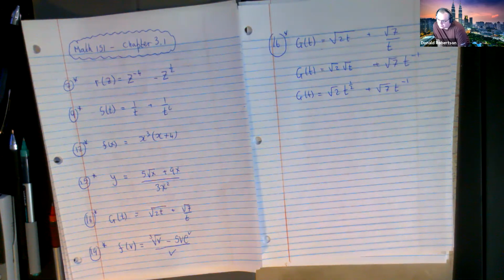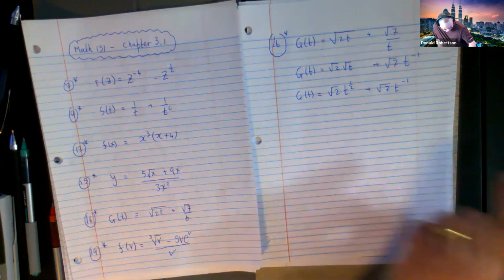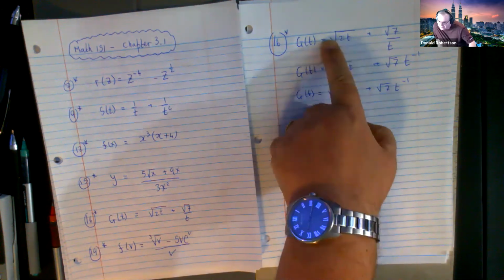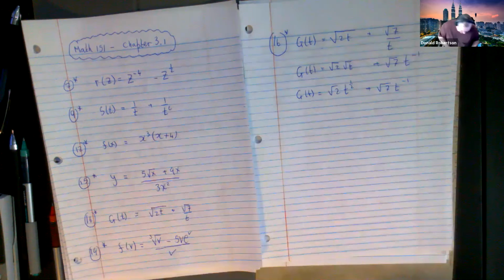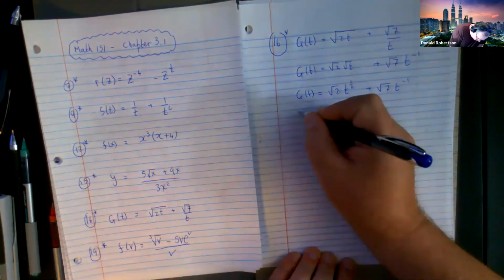Because the power rule only works with t to a fractional power, not 2t to the power of half, but only t to the power of half, right? You got to separate out the constant. And that's what made that question so tricky. It was just this 2 being inside the same square root as the t. Now, we are good to go.